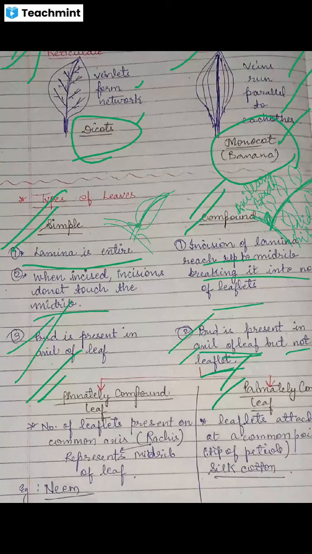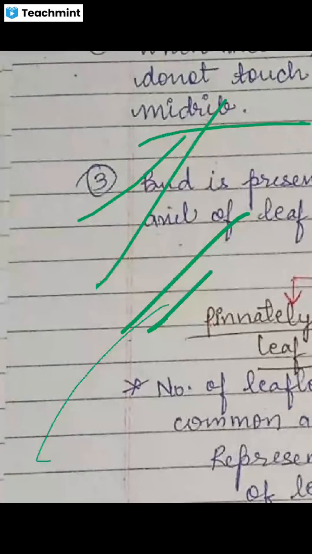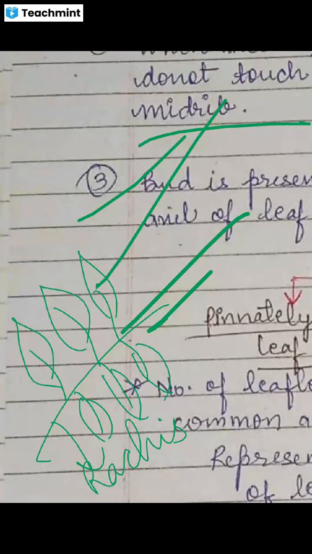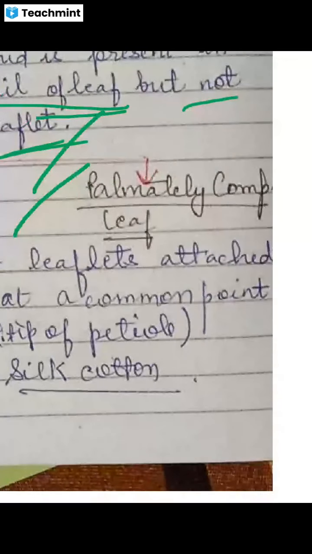Now compound is further divided into two parts, pinnately compound and palmately compound. In pinnately compound, a number of leaflets are present on a common rachis, and it represents the midrib. Means in this manner, in a pinnately compound leaf, this is the midrib, and this midrib is called the rachis, and on this midrib are present a number of leaflets. And in palmately compound, the leaflets are attached to a common axis, that is the tip of the petiole.